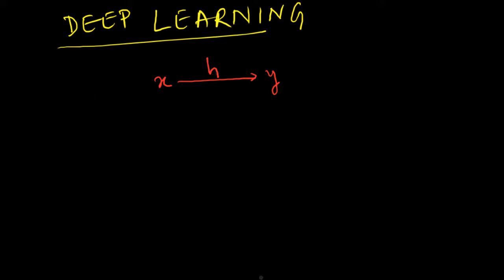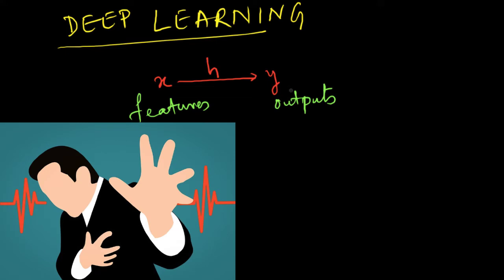So here these input values are basically called the features of your problem. So these are the features and these are the outputs. For example, if you want to predict whether a person is going to have heart disease or not, your features could be the cholesterol value, sugar value, the body mass index, and other such parameters of the person's physical structure.